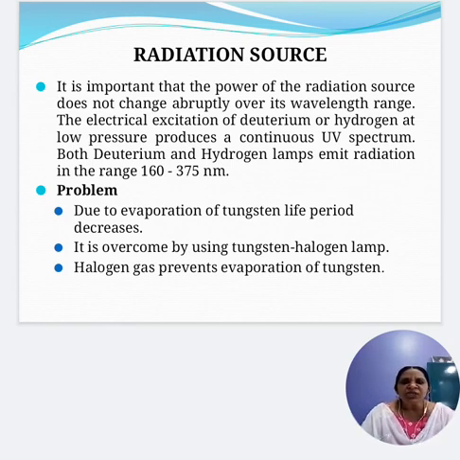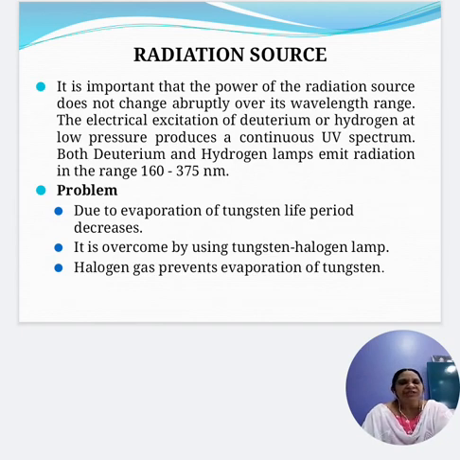When it begins to cool on the hot filament, it gets deposited as pure tungsten. In that way, the problem of evaporation of tungsten is overcome. Halogen gas prevents evaporation of tungsten.